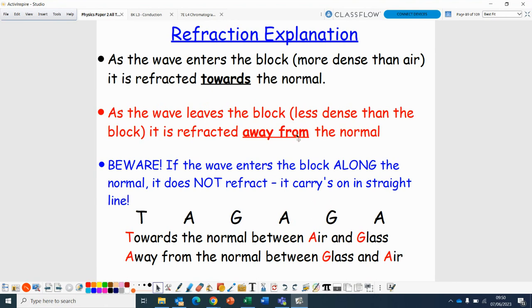When it leaves the block, it bends away from the normal, making the angle bigger. The way I remember it is TAGAGA. It goes towards the normal between air and glass and away from the normal between glass and air. So TAGAGA. If waves enter along the normal, no refraction is happening. It carries on in a straight line.